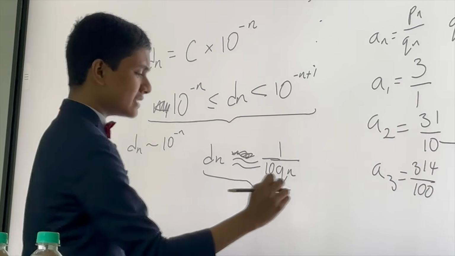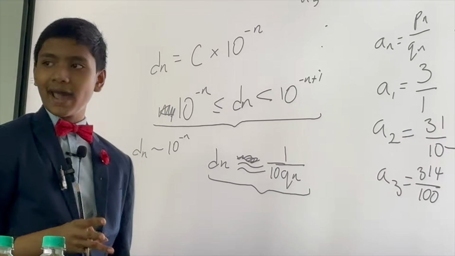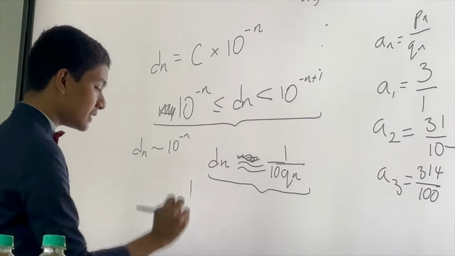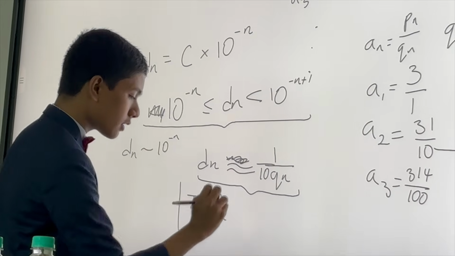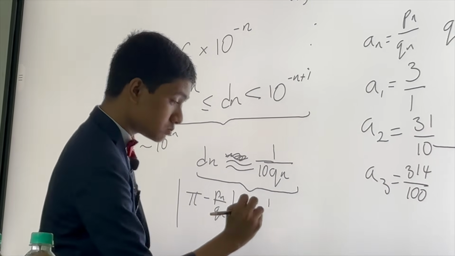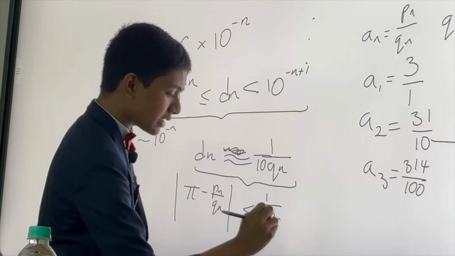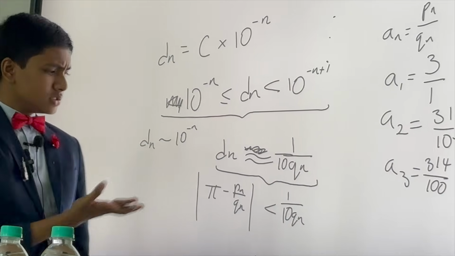So this is our approximation accuracy for right now. If you really wanted to, you could write this as the magnitude of pi minus p_n over q_n is less than 1 over 10 q_n.